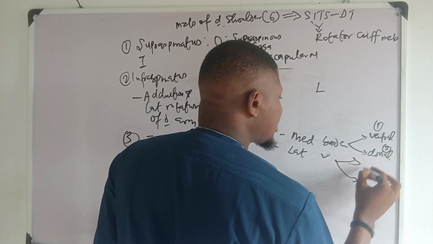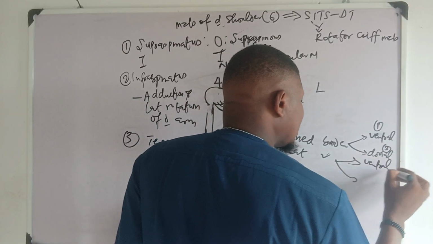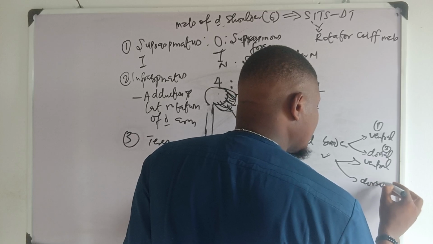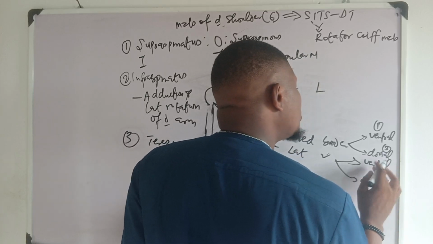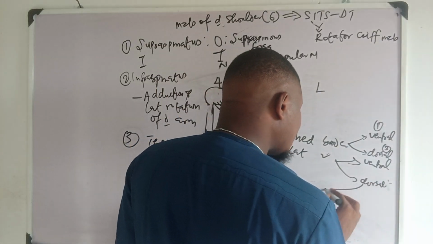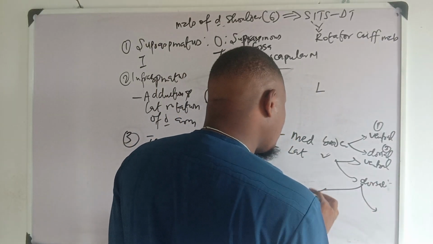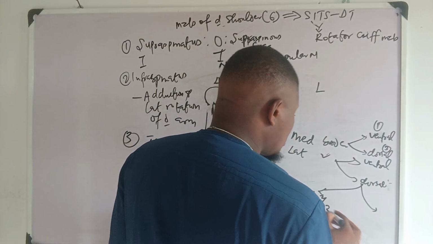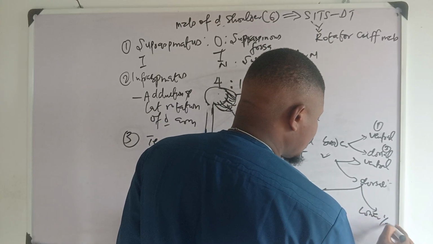If we come to the lateral border, we still have ventral and dorsal aspects. Actually, no muscle inserts at the ventral aspect. The dorsal aspect is divided into upper two-thirds and lower one-third.